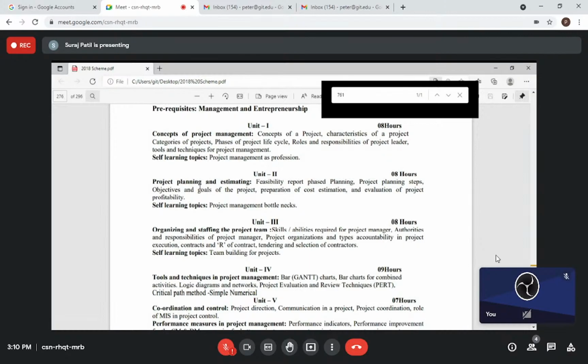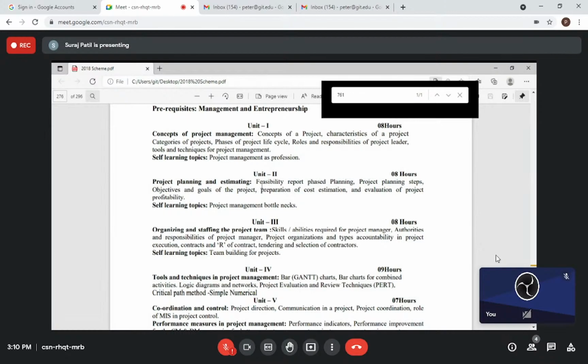In the second unit, the cost estimation and the planning of the project play an important role. For that, we will be studying planning and cost estimation. What are the different methods of estimating the budget of the project? And whether our projects are feasible or not. Suppose I give you the example of a driverless car: is this project feasible in India?